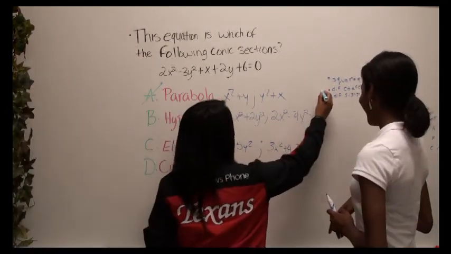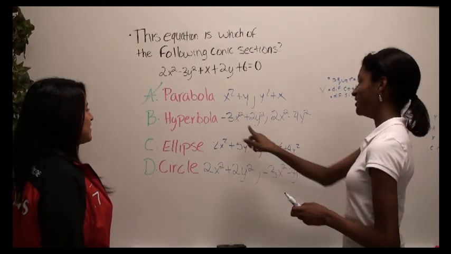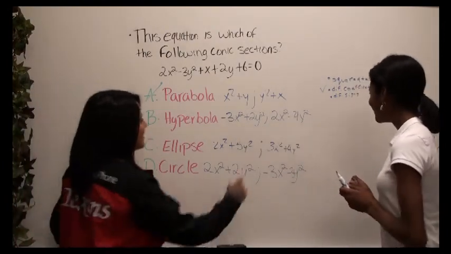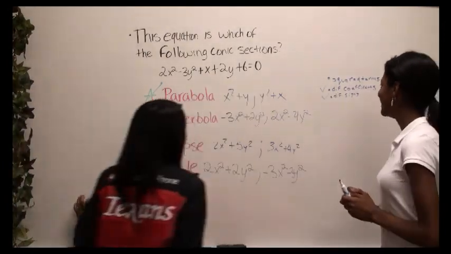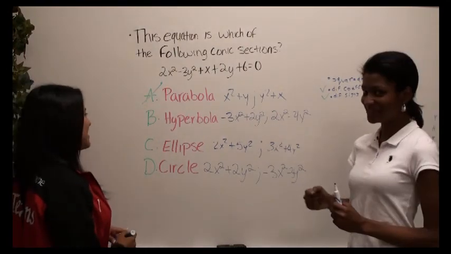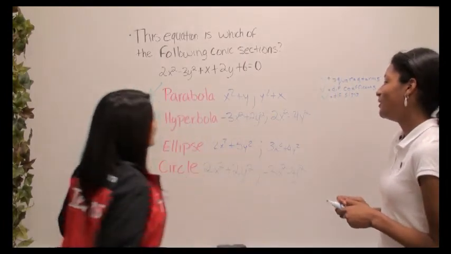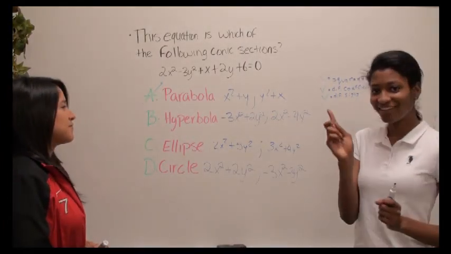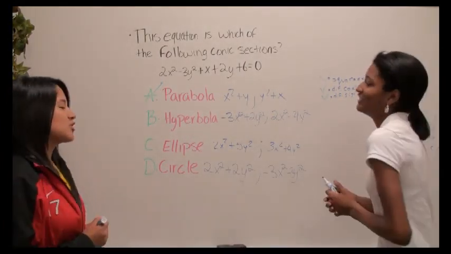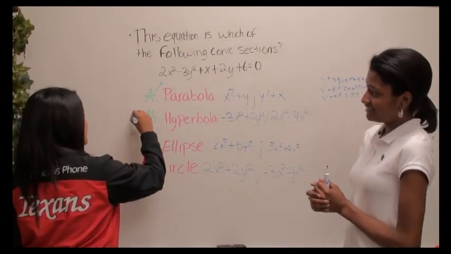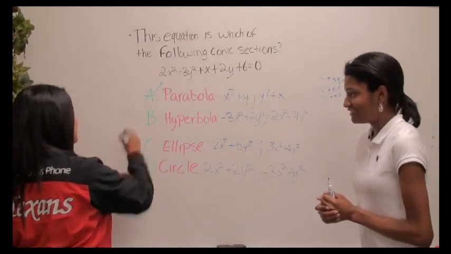Check. They have different coefficients. Check. And they both have square terms. Oh, check. But wait, let's check the other ones just to make sure. So we'll put a question mark by B with the smileys.